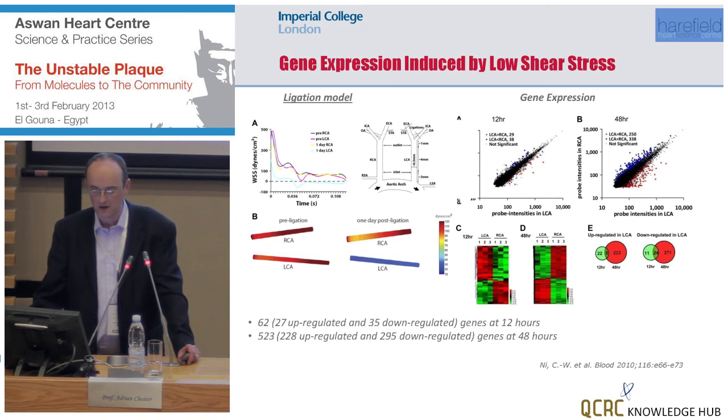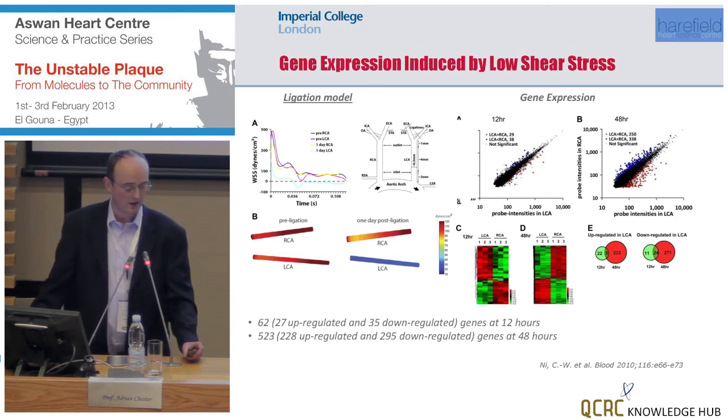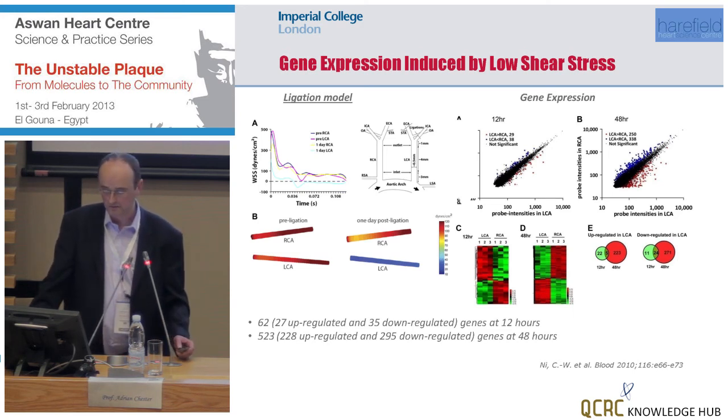Here you can now see in the left carotid artery we have very low shear stress indeed compared to the right. And this again, in the same manner as the valve, is associated with changes in gene expression, which have been shown to be pro-atherogenic in their nature.